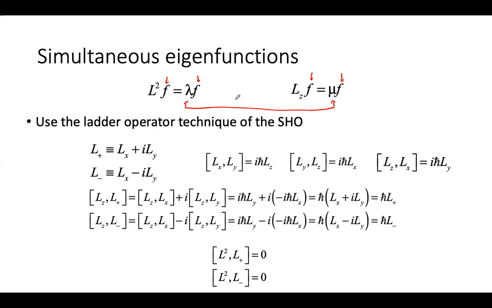This is the classic eigenvalue problem that you've been working on with the operators L squared and the Z component of L. We think these guys should have a common set of eigenfunctions, but not the same eigenvalue.